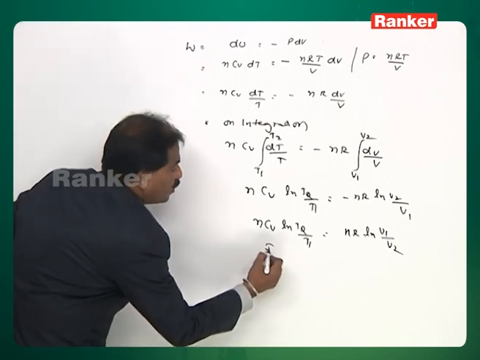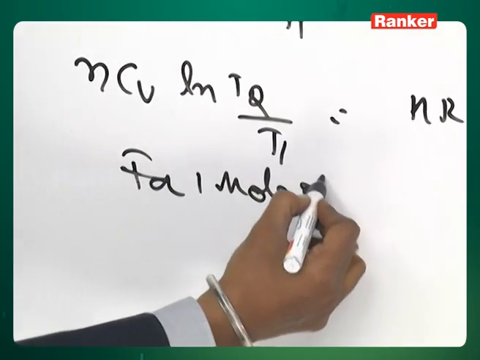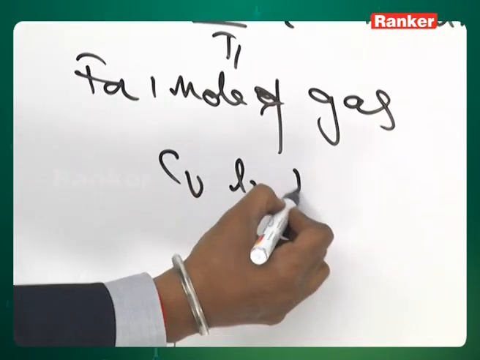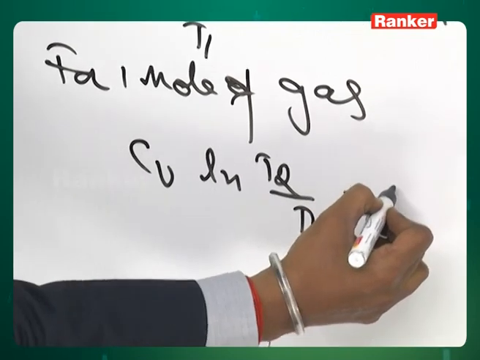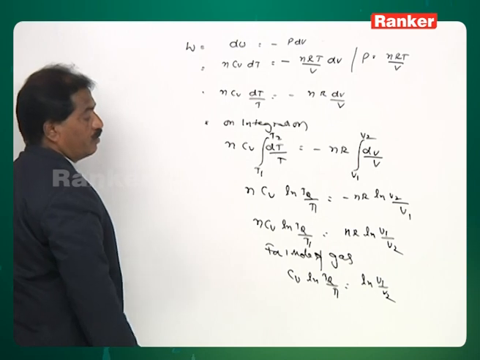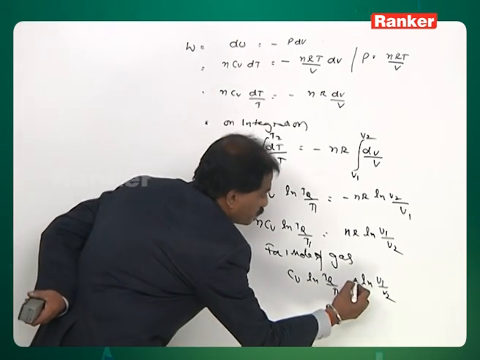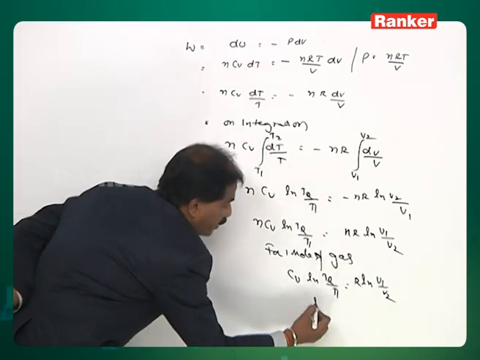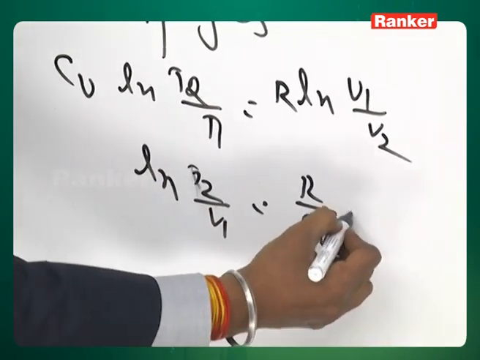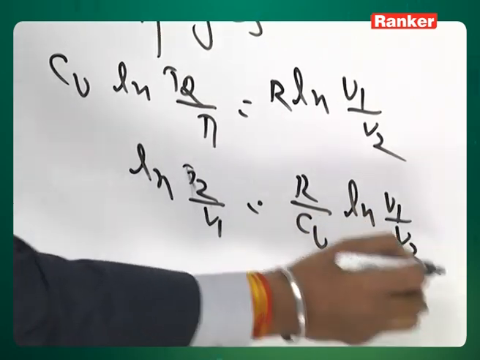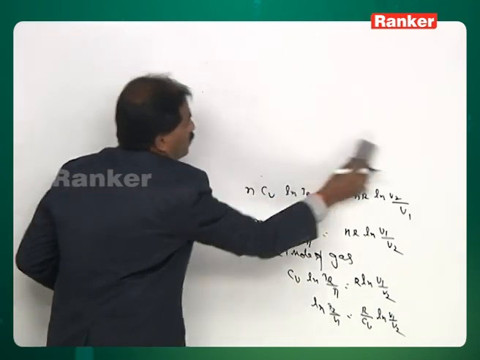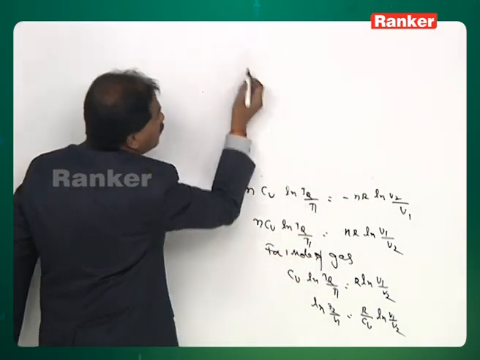Next, for 1 mole of gas, Cv ln T2 by T1 is equal to R ln V1 by V2. Next, ln T2 by T1 is equal to R upon Cv ln V1 by V2. Now this expression we can represent by eliminating the logarithmic function.